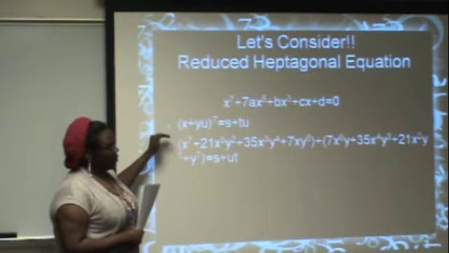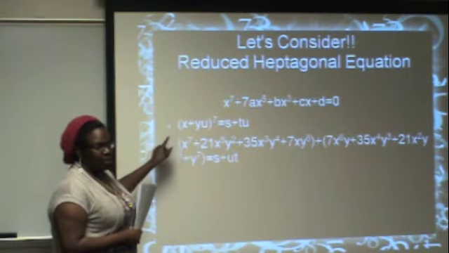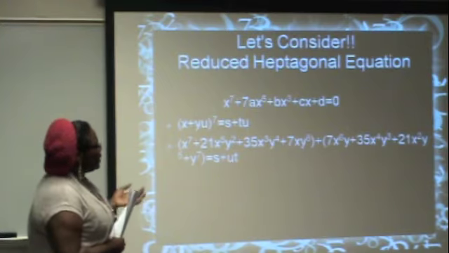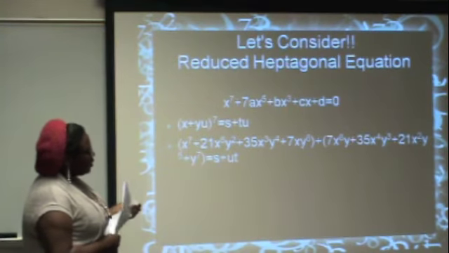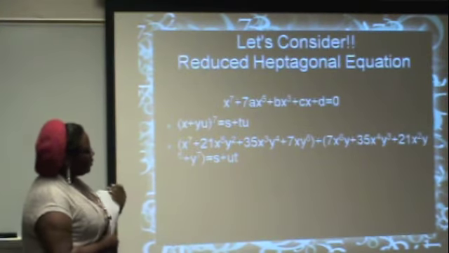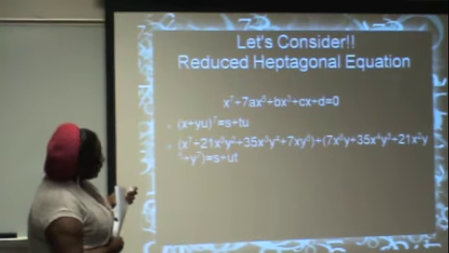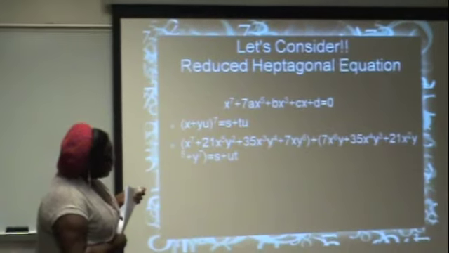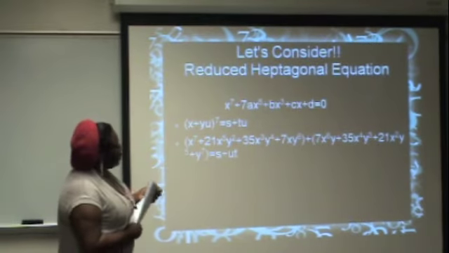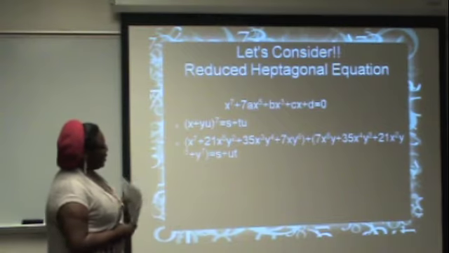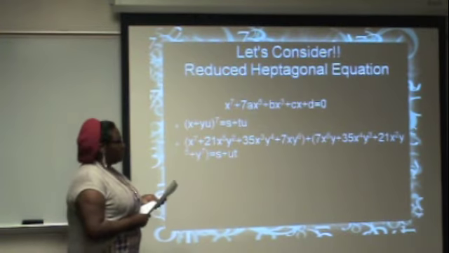Once you apply the binomial theorem, you will get x to the 7 plus 21x to the 5th y squared plus 35x cubed y to the 4th plus 7x y to the 6th, plus 7x to the 6th y plus 35x to the 4th y cubed plus 21x squared y to the 5th plus y to the 7th equals s plus u t.